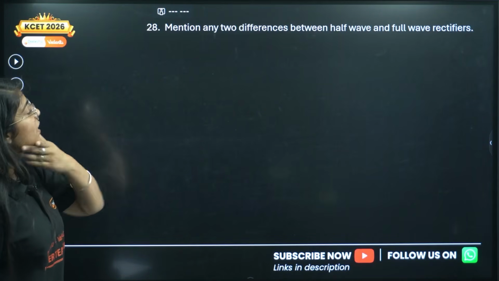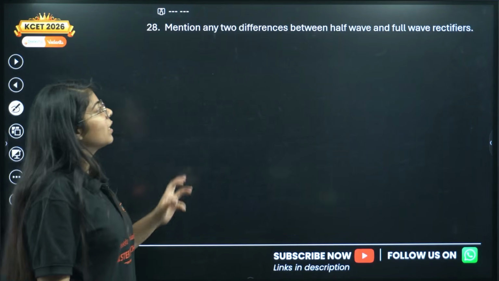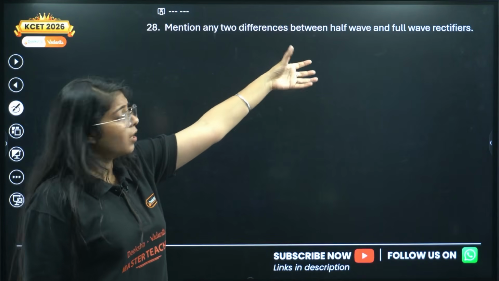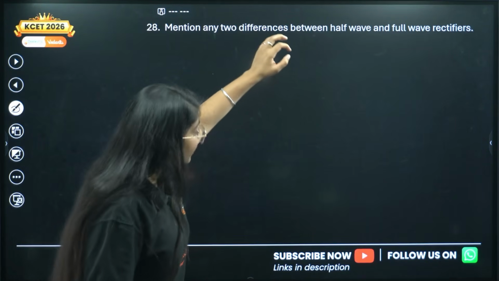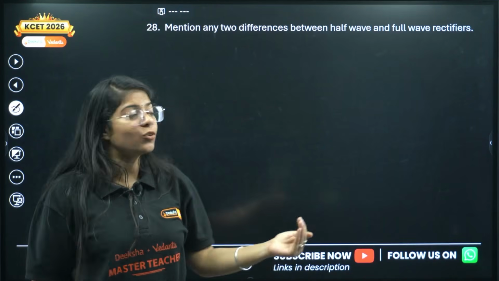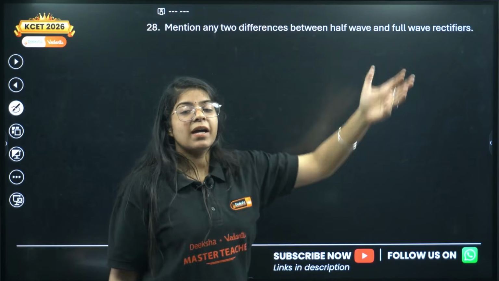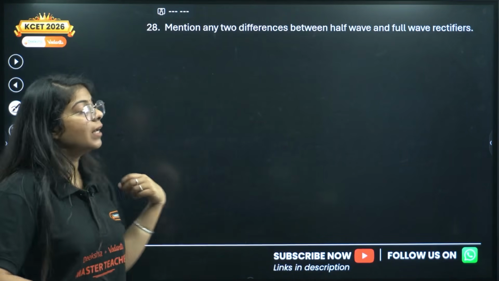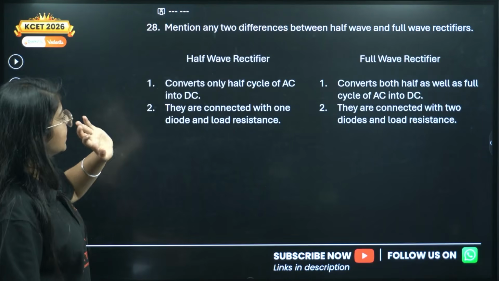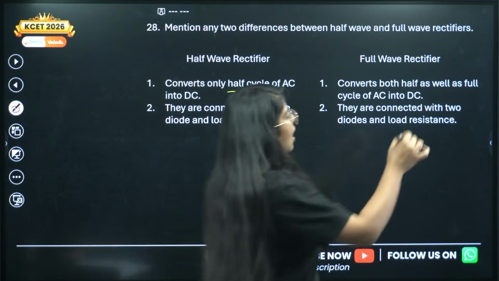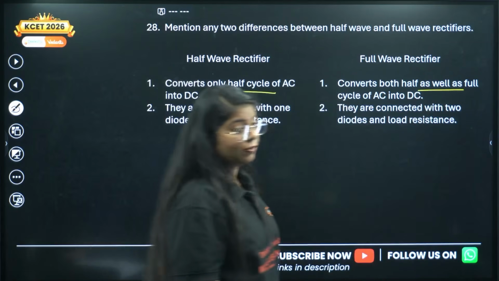28th question, mention any two differences between half wave and full wave rectifiers. From the name, it justifies that a half wave rectifier converts only the half cycle of AC into DC, and a full wave rectifier converts both the positive and negative cycles of AC into DC.